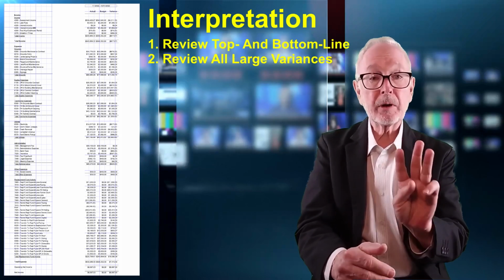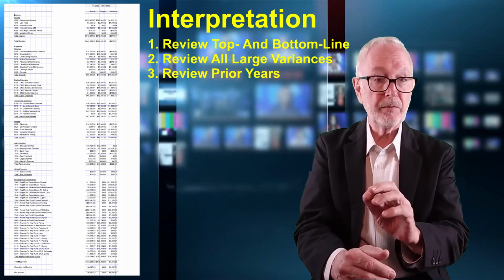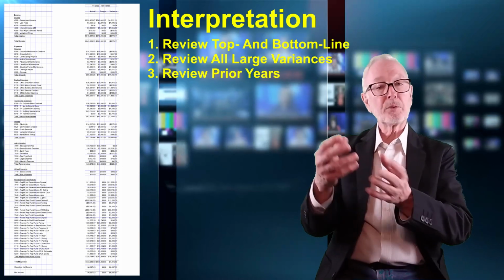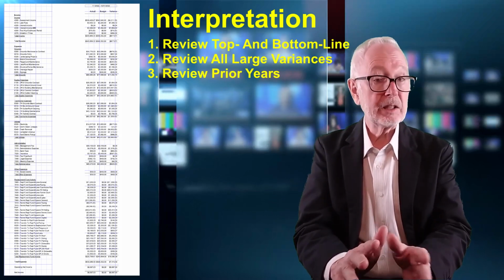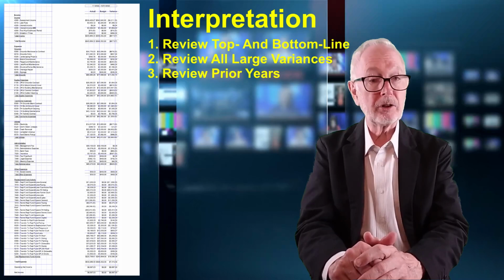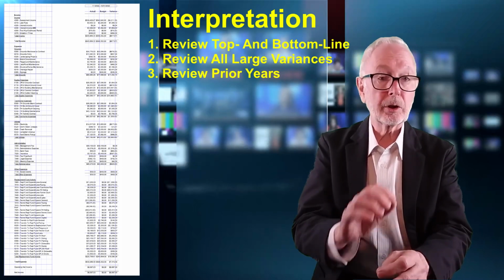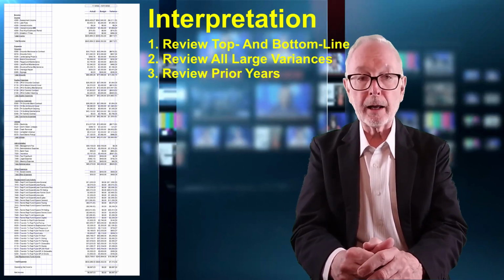In step three, for any large percent variances discovered in the previous step, I look back at previous years' analyses to see whether any of them consistently deviated from the budget. If any large variances occur consistently, then I would try to figure out why.